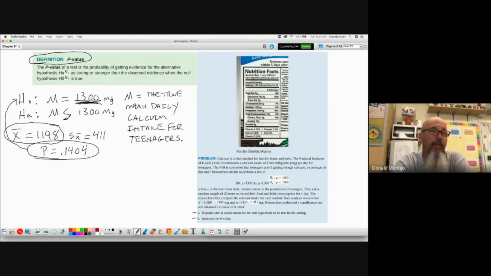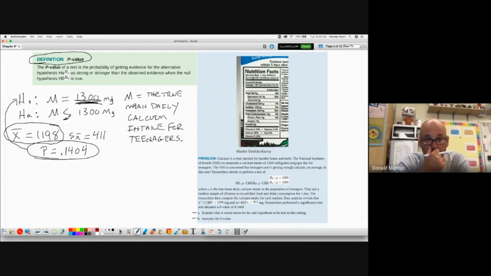Just due to sampling variability, we would expect to get a sample mean x bar of 1198 or smaller 14% of the time. So therefore, we do not have enough evidence to claim that the teenagers are not getting enough calcium.